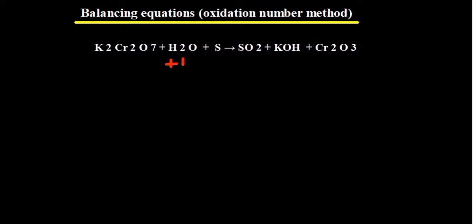Oxygen is 2 minus. On the other side, potassium is plus 1, it's a metal in group 1. The oxygen there is again 2 minus. The hydrogen is plus 1. Even here the oxygen will be the same, potassium will be the same. What else?